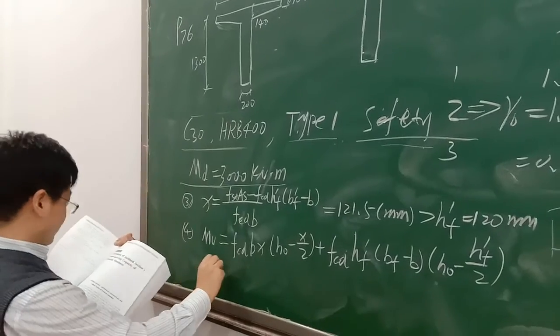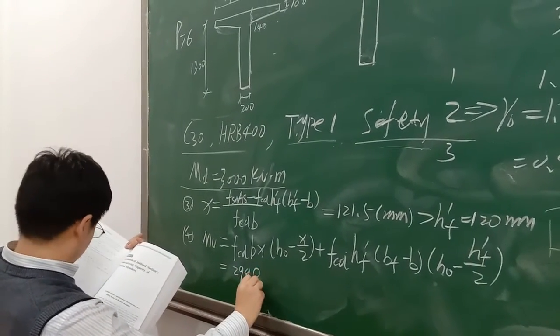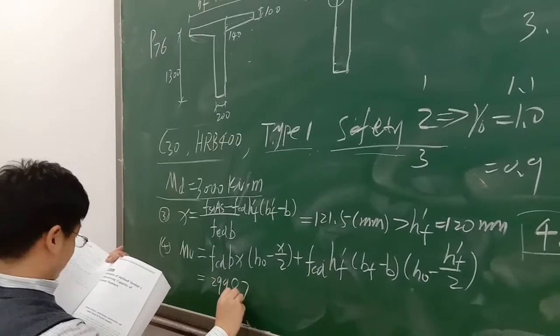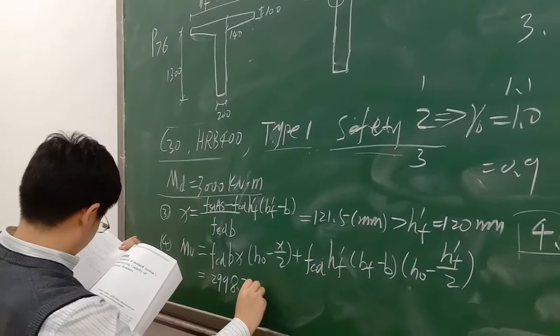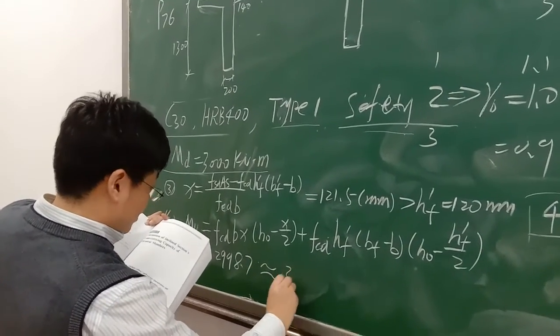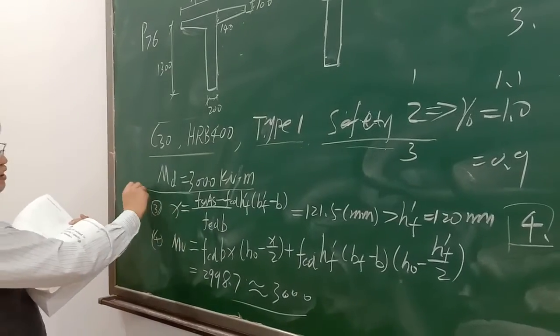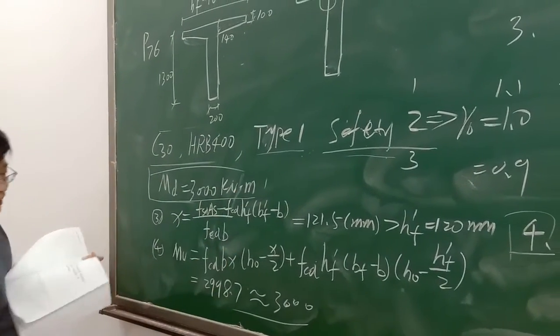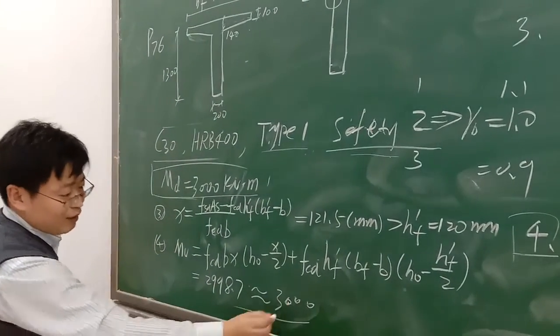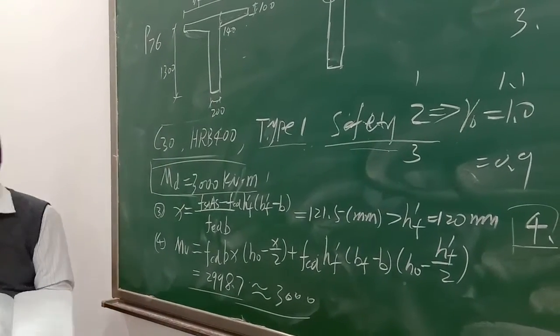Then finally we got 9987. It's nearly equal to the load, because the load is 3,000 and the loading capacity is actually not larger than this.